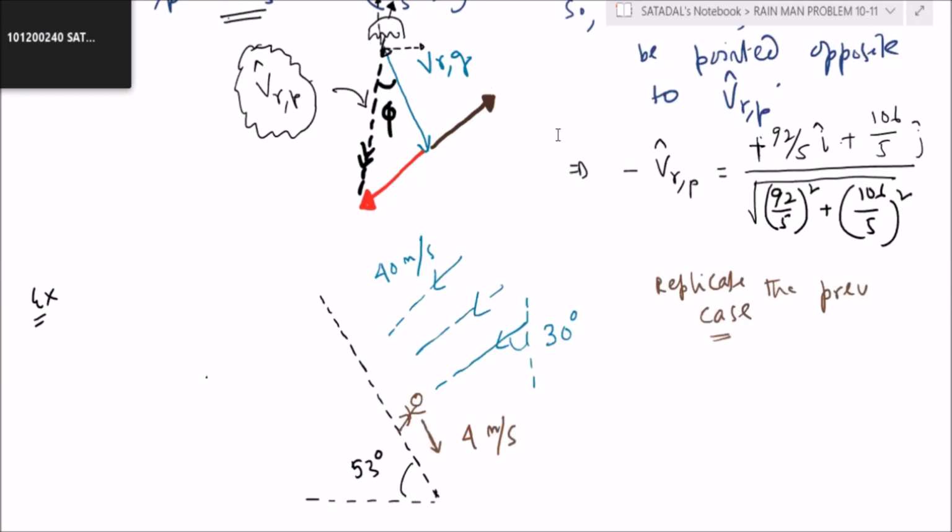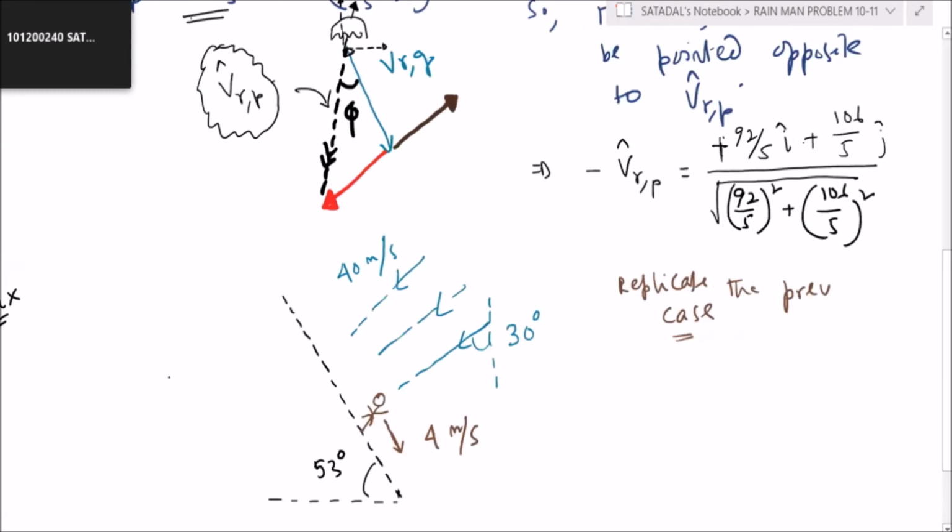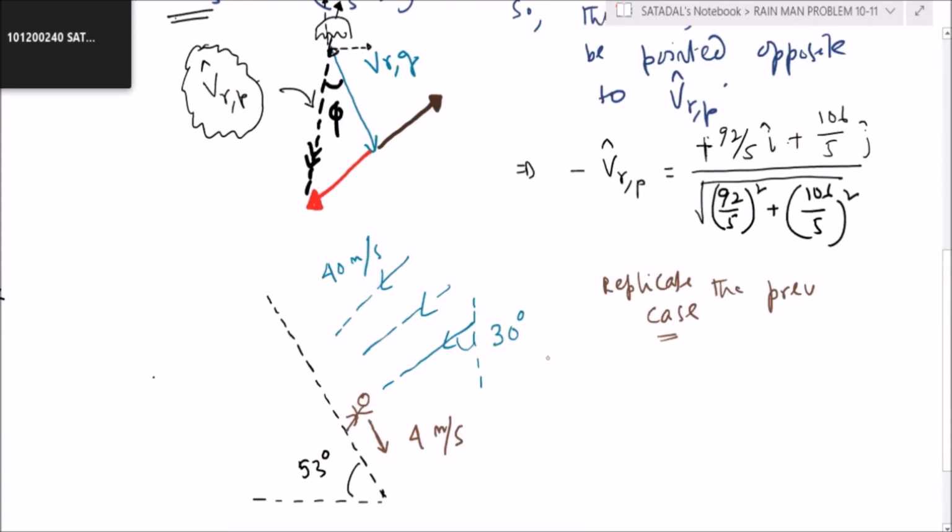Yogananda: Sir, is it 100 root 3 plus 12 by 5 I cap plus 84 by 5 j cap divided by under root 100 root 3 plus 12 whole square plus 84 square whole divided by 5? I will check.